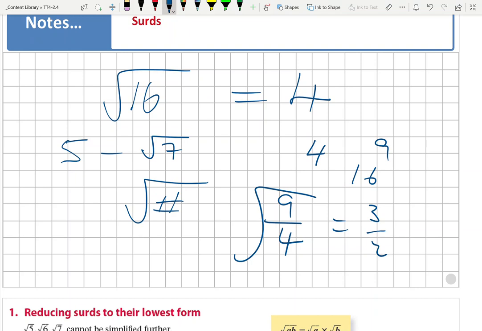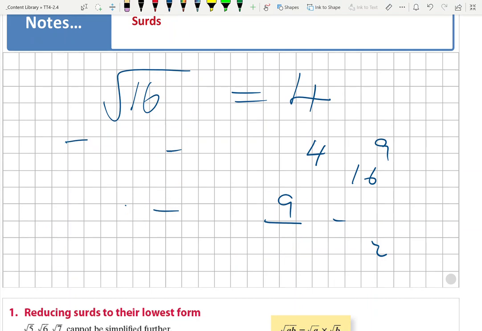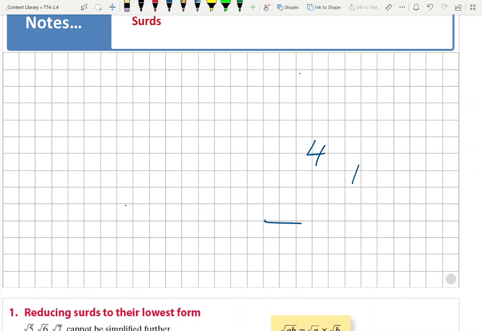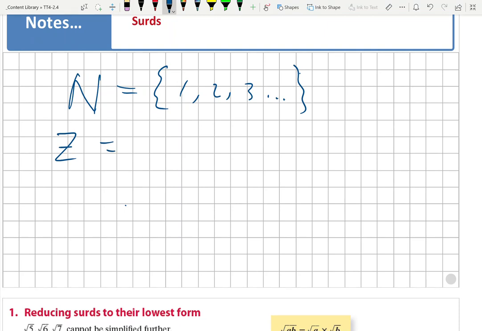And the sum of any rational number, just a quick reminder now of a bit of set notation. Always nice to go through our set notation. The natural numbers are our counting numbers. The integers are all whole numbers with 0. We kick off here with 0, plus or minus 1, plus or minus 2.